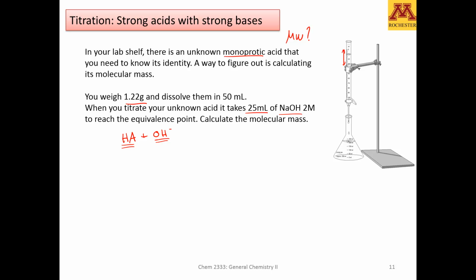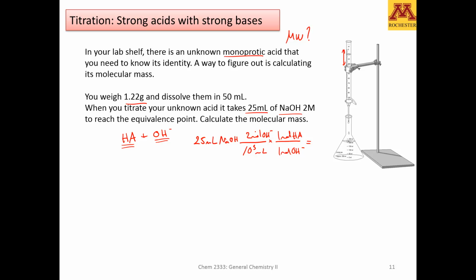Well, we used 25 milliliters of sodium hydroxide. The concentration was that in 1 liter, or 1,000 milliliters, we had 2 moles of hydroxide, and of course 1 mole of hydroxide reacts with one mole of the mysterious unknown acid.